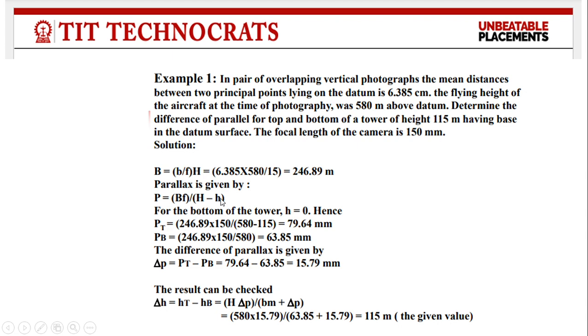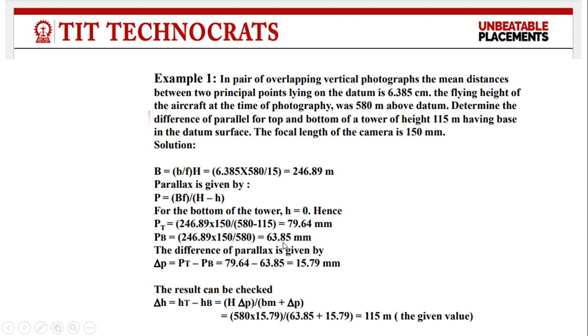Parallax is given by P is equal to BF divided by capital H minus small h. For the bottom of the tower, small h is equal to 0. So PT is equal to 249.85 into 150 divided by 580 minus 115. So it is 79.64. Similarly, PB is equal to 246.89 into 150 upon 580.